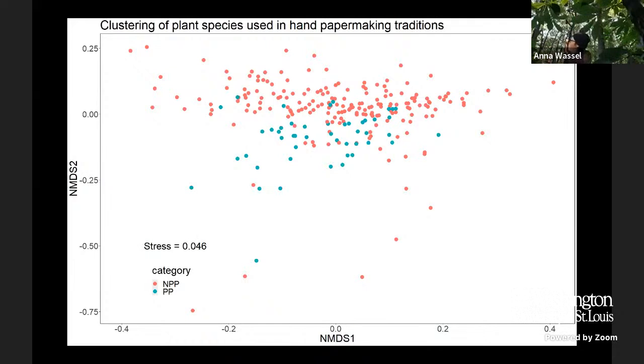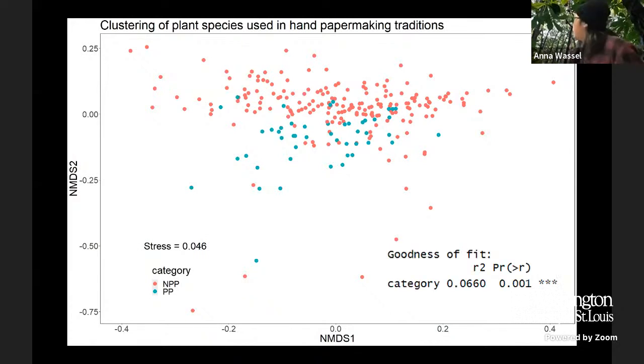And spatially, we see that there's a little bit of a difference in exactly where paper plant species, judging by the traits of their fibers, occupy in this space relative to non-paper plants. And so the question is, what explains this particular spread of these points? It turns out the category, whether or not a plant is a paper plant, is statistically significant in explaining the differences in physiologies of different fiber plants.